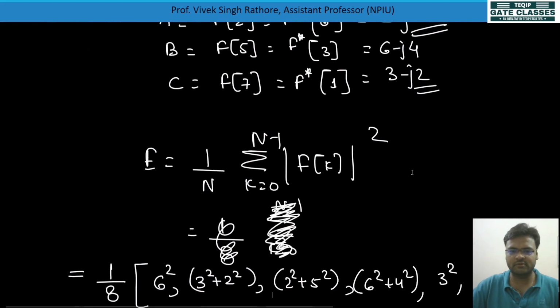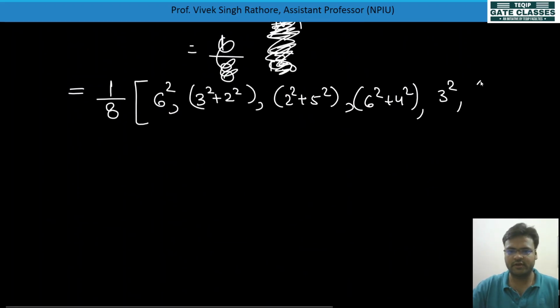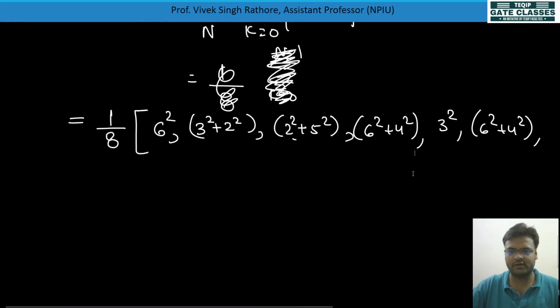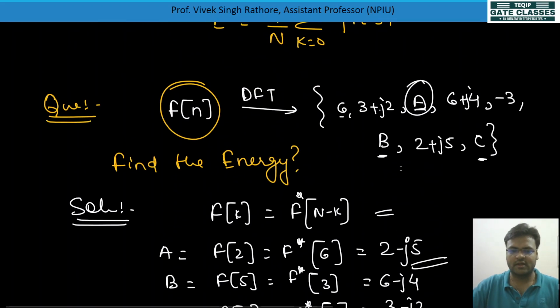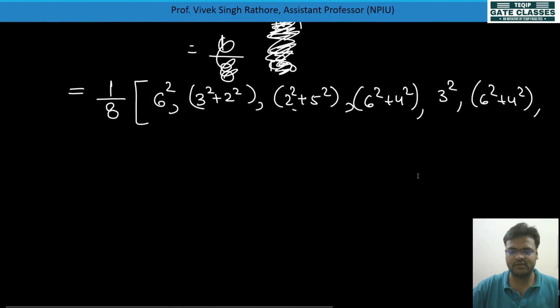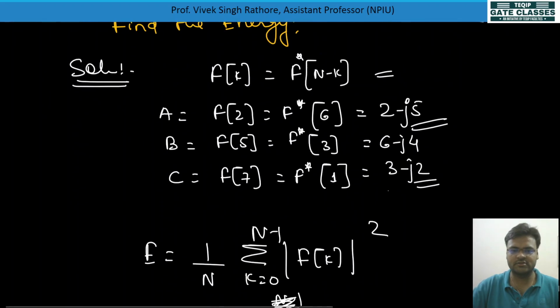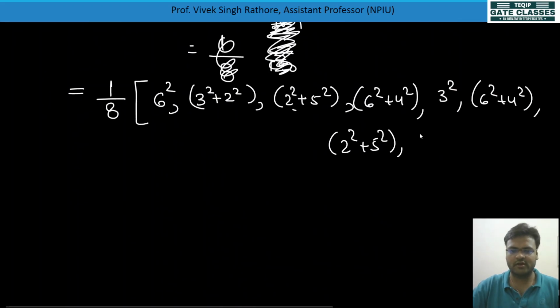B value, b is nothing but 6 minus j4, so we'll take 6 square plus 4 square. Okay, and then see, 1 2 3 4 5 6, two values are left, so we can take 2 plus j5, so 2 square plus 5 square. And then the last value, c is nothing but 3 minus j2, so we'll get 3 square plus 2 square, and this value will be there.